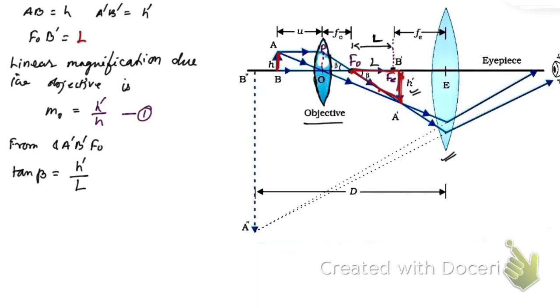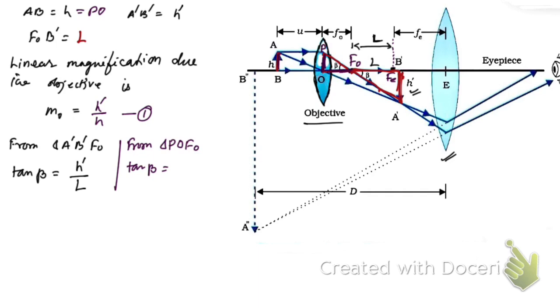Now let us take this very small triangle P O F0. From triangle P O F0, tan beta is equal to the height of the object, PO, which is also equal to h.